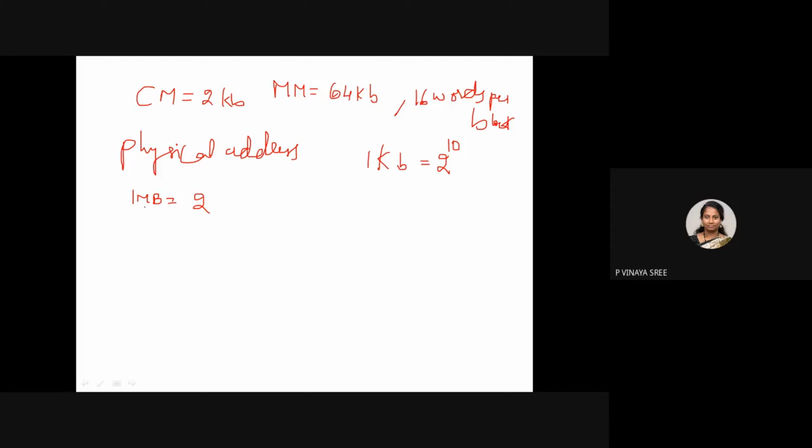How many address bits does 8086 support, 20 or 12 or 10? 1 MB equals 2 power 20. 1 GB equals 2 power 30. 1 TB equals 2 power 40. 1 petabyte equals 2 power 50.